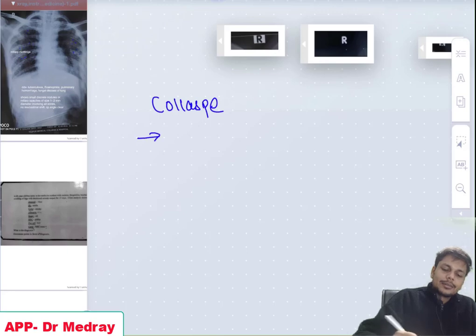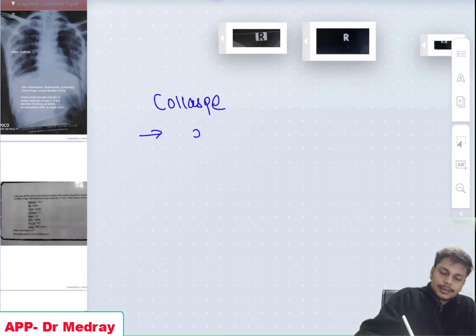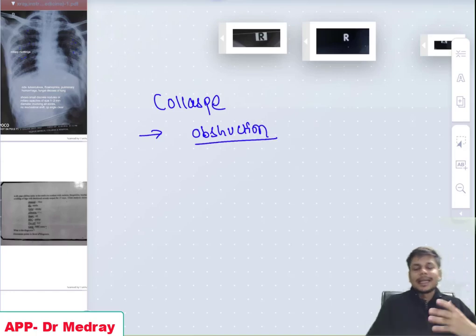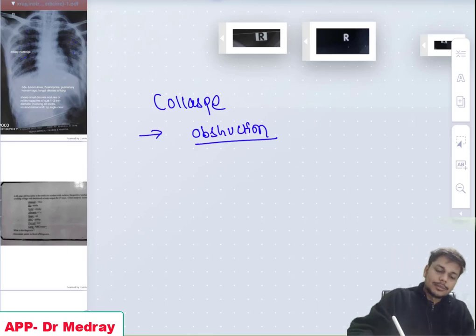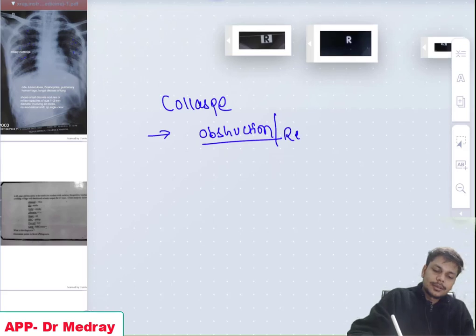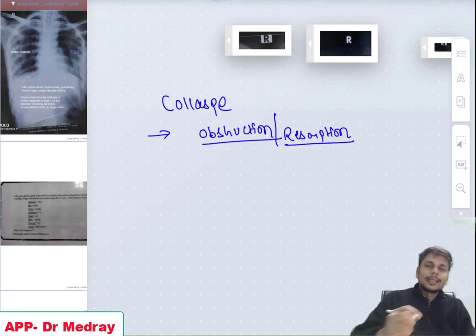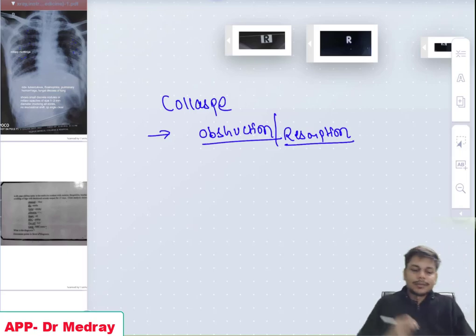Collapse can be because of obstruction. If the child or individual inhales something solid, it can obstruct the bronchus, and distal to that bronchus there will be resorption, and the lung will collapse.